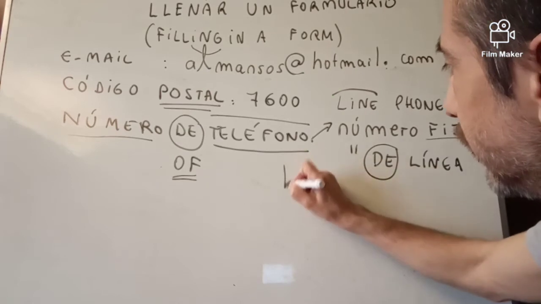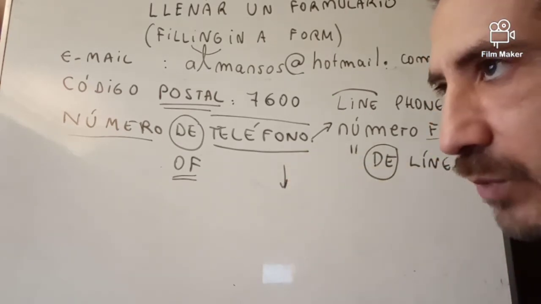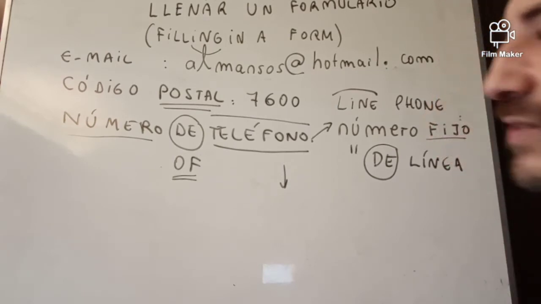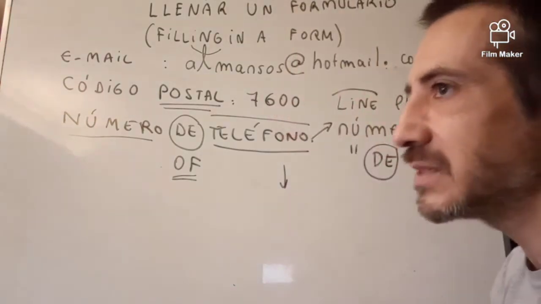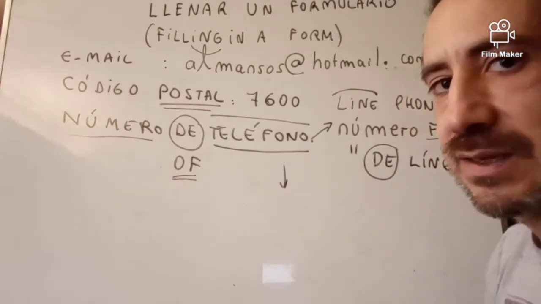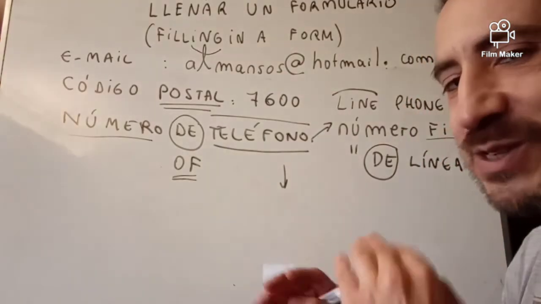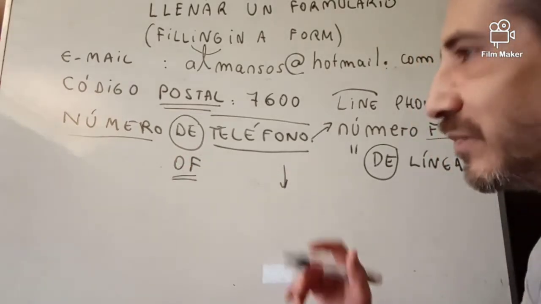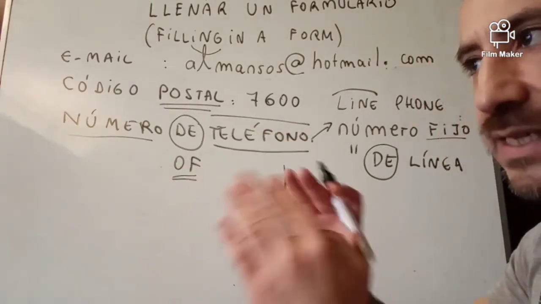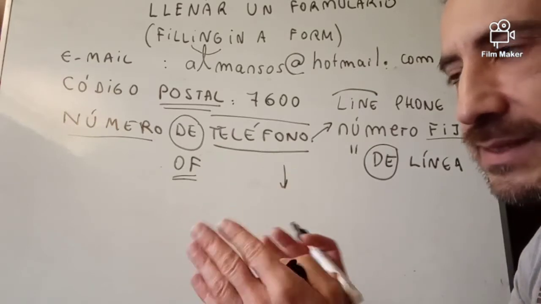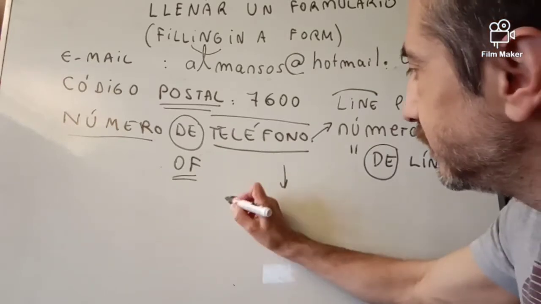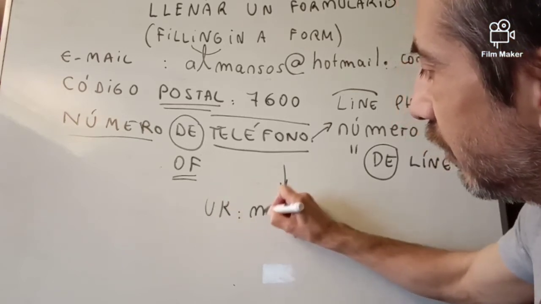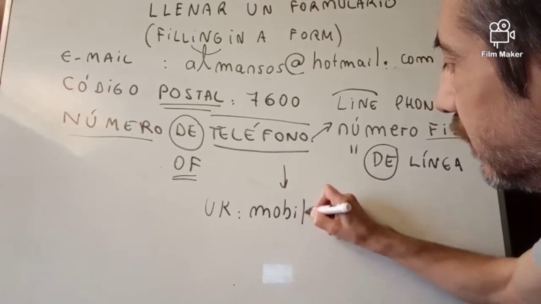And as for the cell phone or mobile phone, it's curious indeed, because I make this comparison, Europe and America. Both in English and in Spanish something similar happens. In the UK, they say mobile phone.